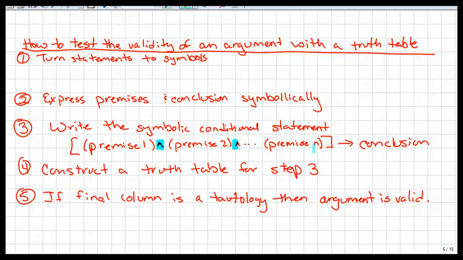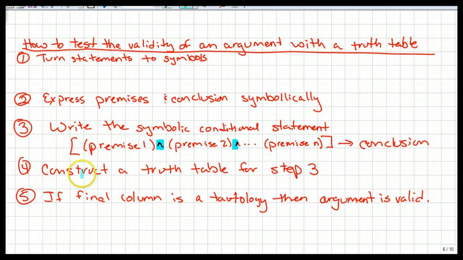What's premise n? That means the nth premise. You can go up to however many premises you have. You're going to list them out. Then you always have an if-then statement between them, and then the conclusion on the other side.